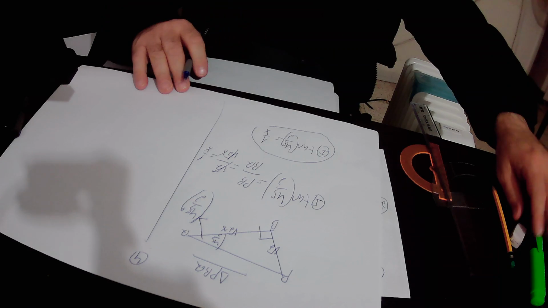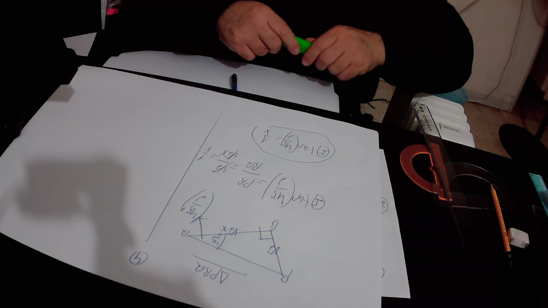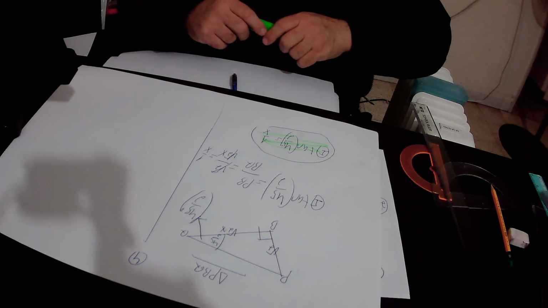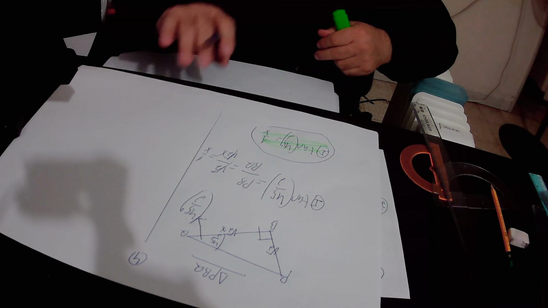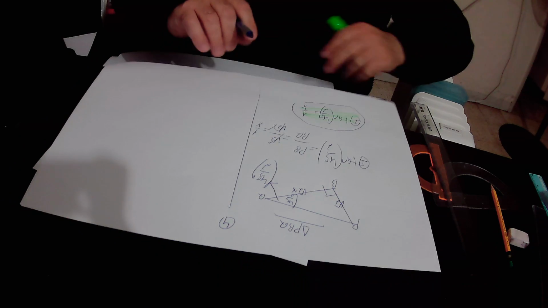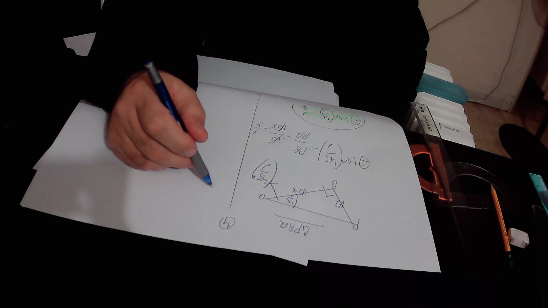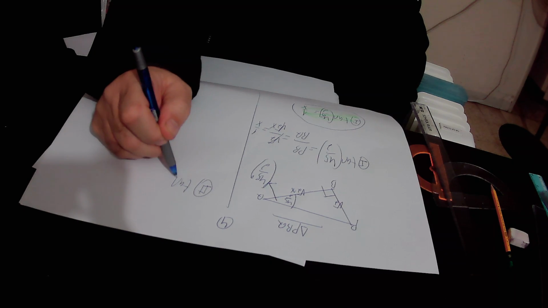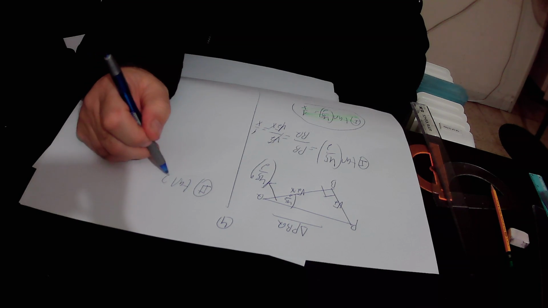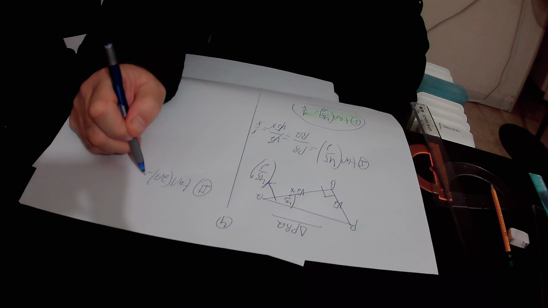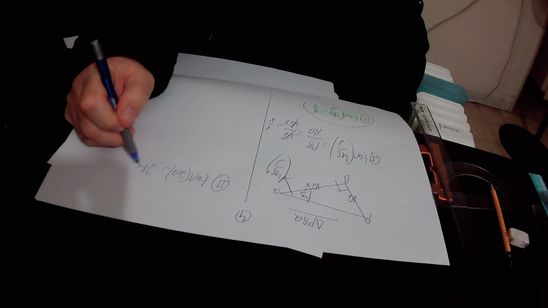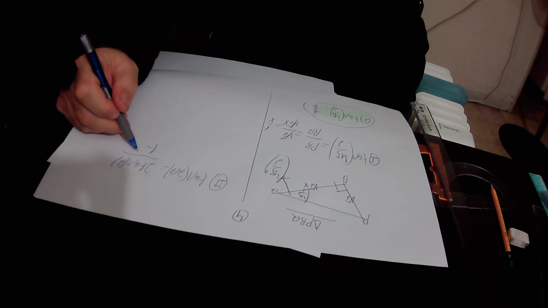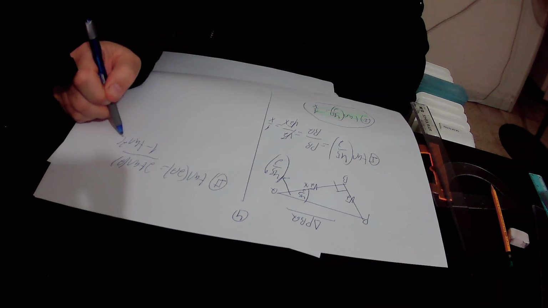Okay, tangent 45 over 2 degrees equals 1 over x on one side, but on the other side we have the trigonometric identity that tangent 2 theta equals 2 tangent theta over 1 minus tangent squared theta.